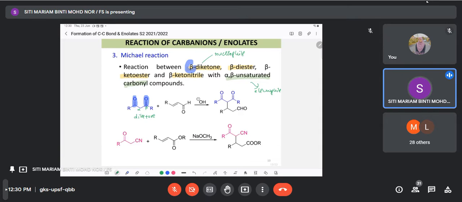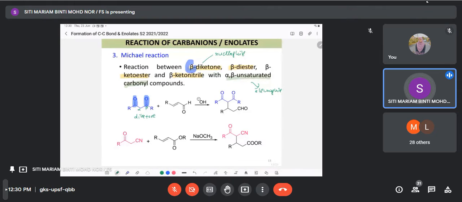Same with beta diester: you have two ester groups in the structure, the second ester at position beta. In another reaction, the diketone reacts with an alpha beta unsaturated carbonyl.